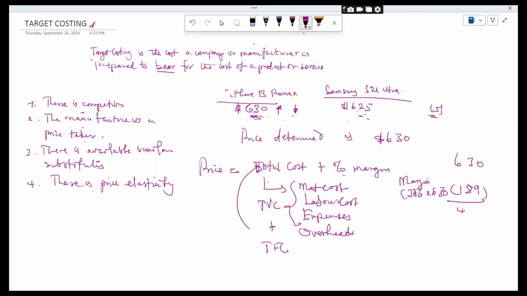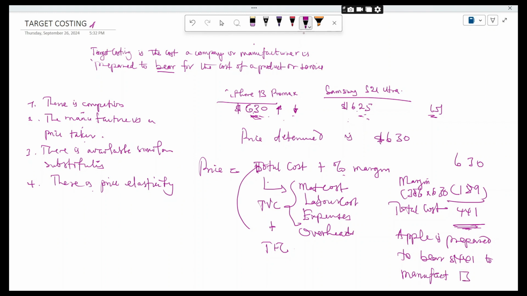That will give us 441. So that is the total cost. The 441 is the cost that Apple is prepared to bear. So Apple is prepared to bear $441 to produce or to manufacture the 13 Pro Max.